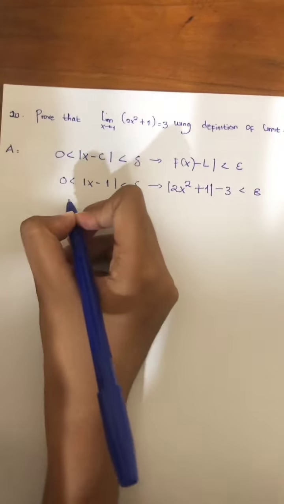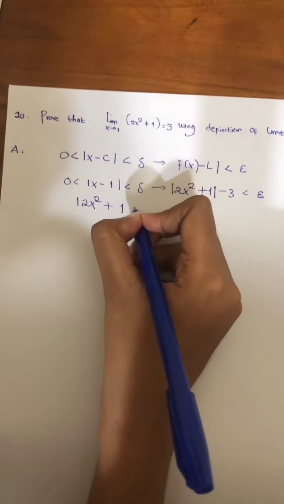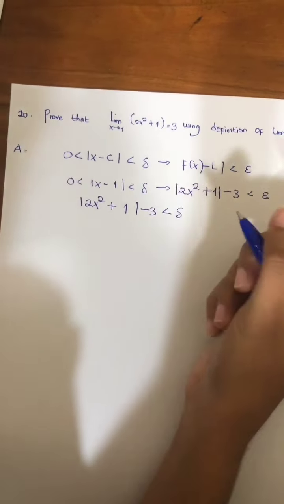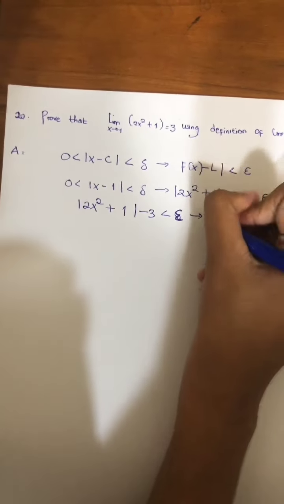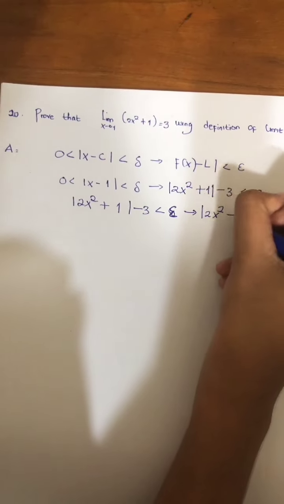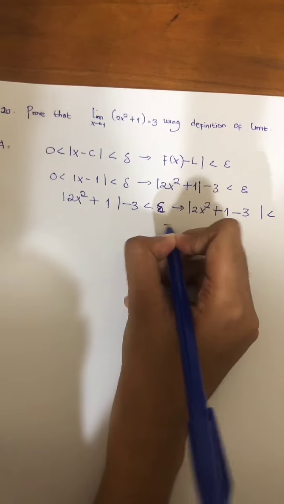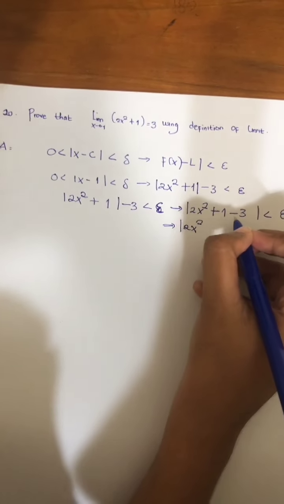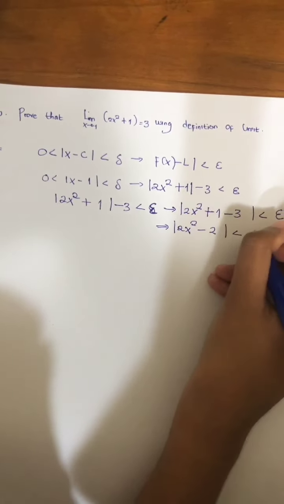We can write 2x squared plus 1 minus 3 less than epsilon, and then 2x squared minus 2 less than epsilon.